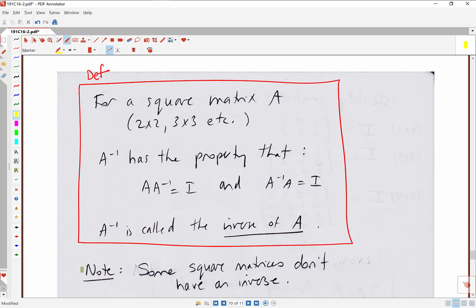Let's take a quick look at this note here. Some square matrices don't have an inverse. Unfortunately, not every square matrix is guaranteed to have an inverse. And we'll talk more about that as we go through chapter 16.